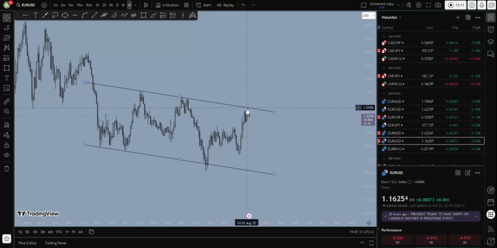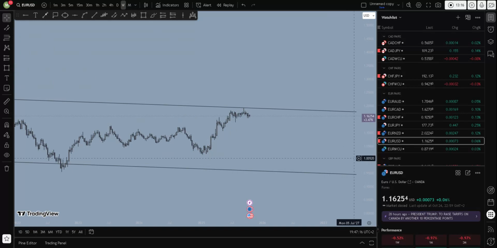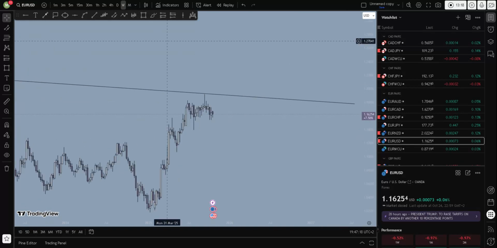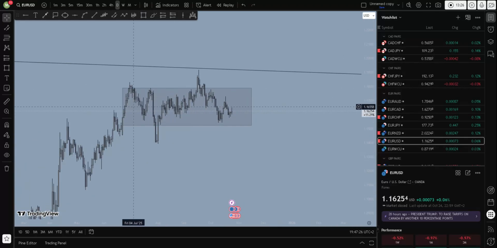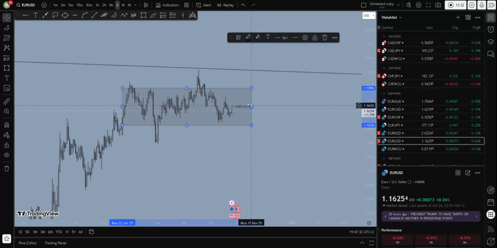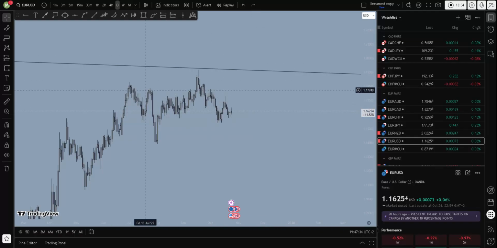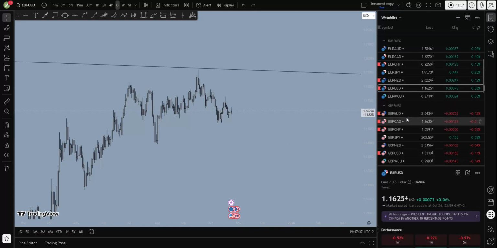It just touched the top trend line, rejected, and it looks like it wants to go down. On the weekly time frame, yeah, I don't like this. Daily time frame, basically still bullish because there's a higher low and there's a higher high. So basically still bullish. Yeah, just leaving this alone for now.